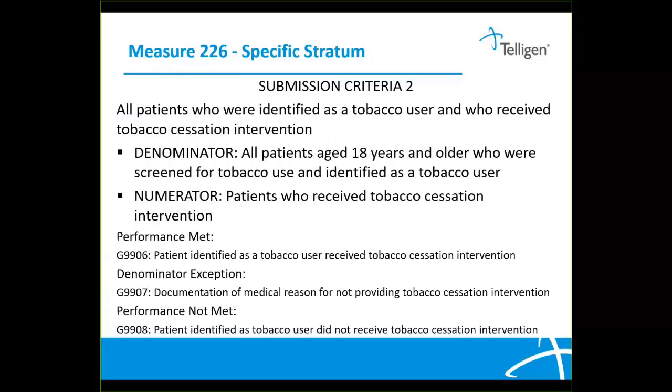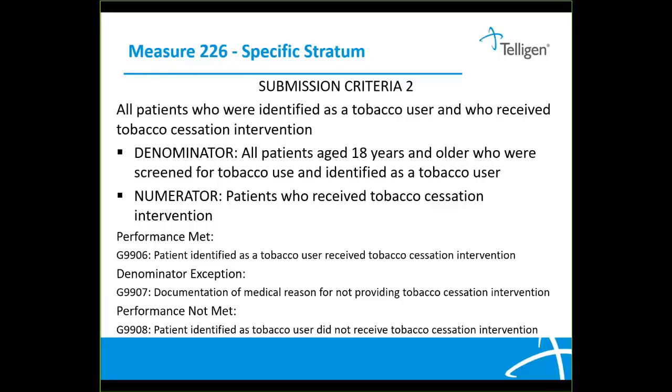And this is for patients who are identified as a tobacco user and they receive cessation intervention. So here are the G codes if the performance was met, if it wasn't met, or if it wasn't provided for a medical reason. So in this case, an exception would be chosen. So for submission criteria number 2, if they are a tobacco user and they received cessation intervention in your office, then you would consider this performance met, and that's G9906.